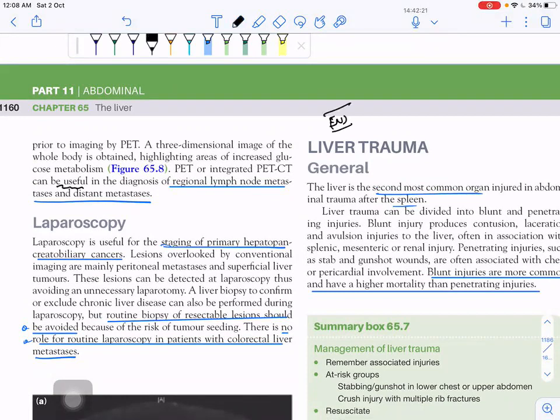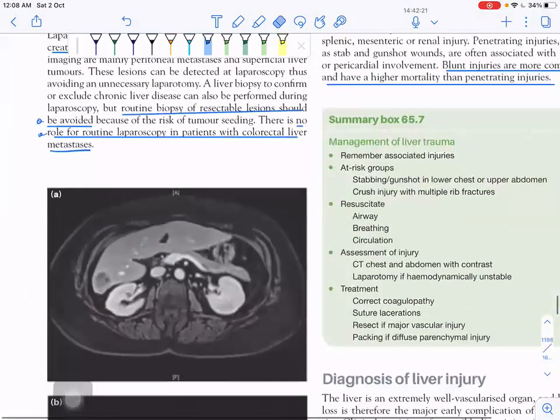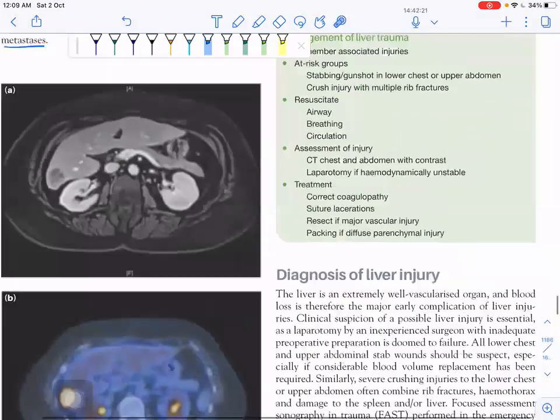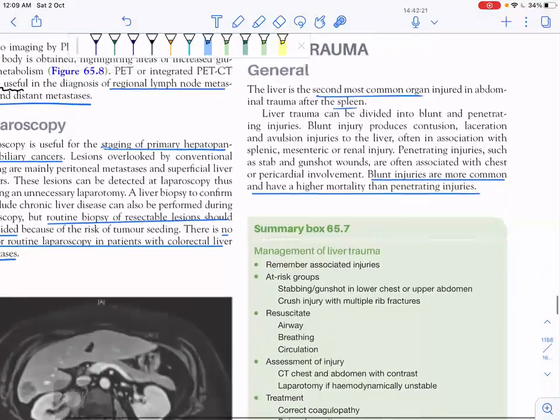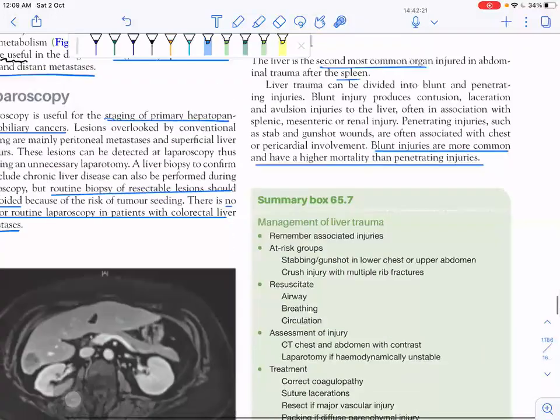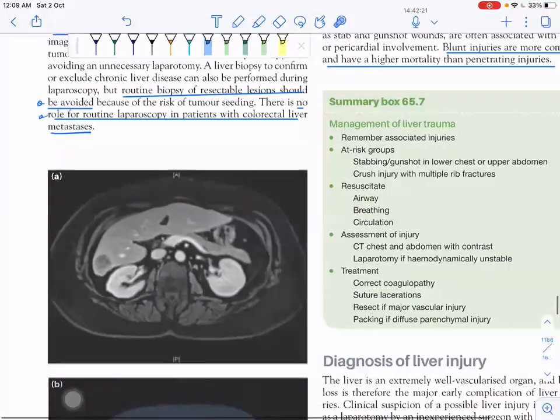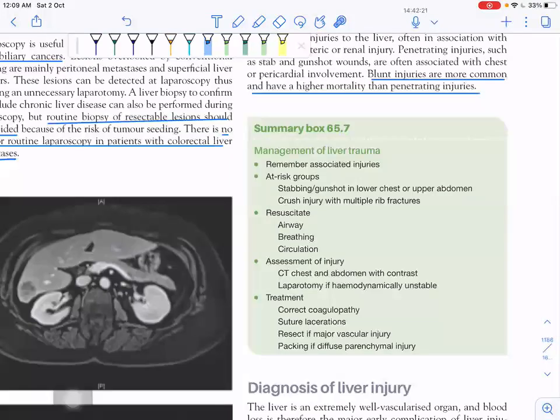PET integrated can be useful for diagnosis. Routine biopsy is usually not needed. There is no role of routine laparoscopy in patients with colorectal liver mets. Just remember. Only when there is a diagnostic dilemma and the patient is unable to undergo operation do you have to take a biopsy in liver cancer.